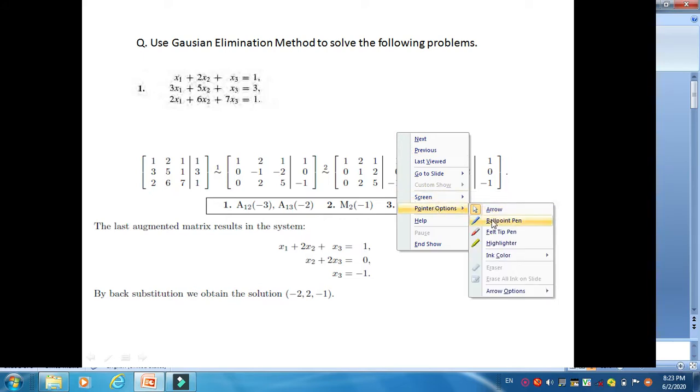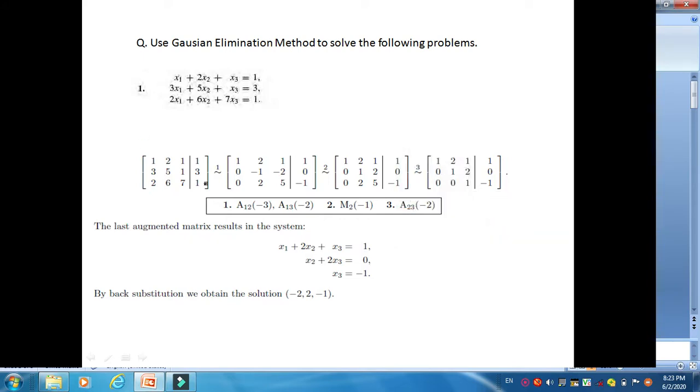First we multiply row number 1 by minus 3. If you multiply row number 1 by minus 3, minus 3 1 is minus 3, minus 3 2 is minus 6, minus 3 1 is minus 3, minus 3 1 is minus 3.